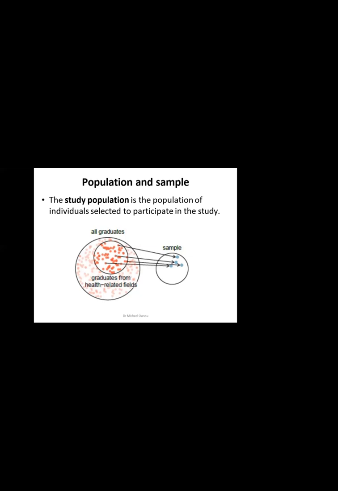So you see how it works. So you have to draw your external population, your target population, and then your study population. And then in your study population, you take some of them as your samples. So Eben, let's move to the next slide.